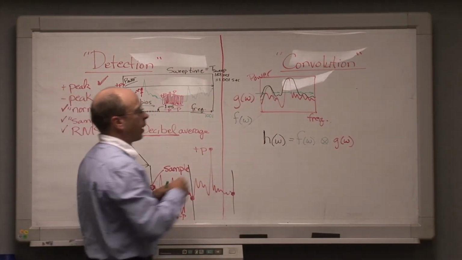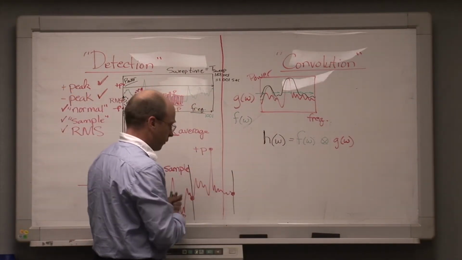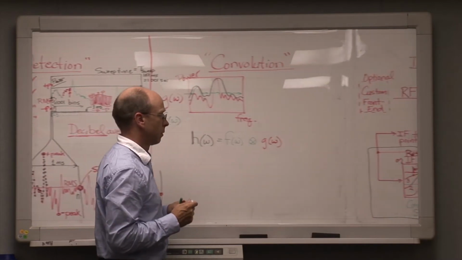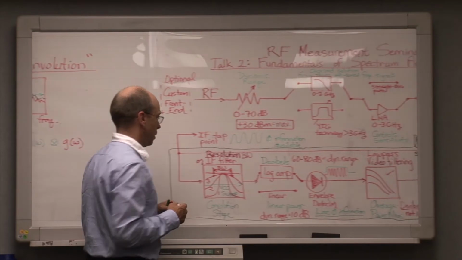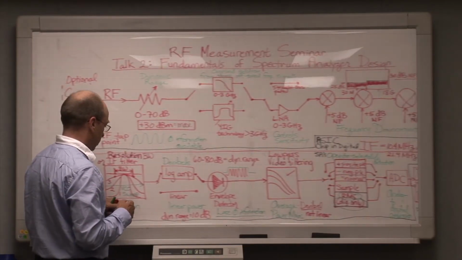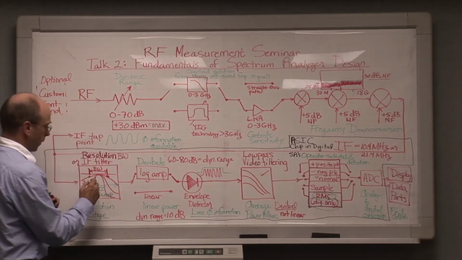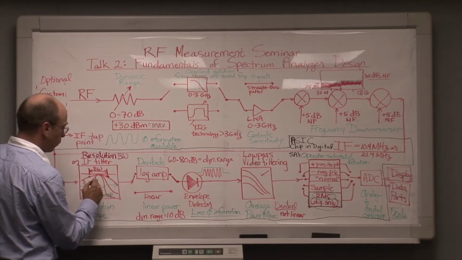Now, why do we have to do this? The reason fundamentally is that we have to use some filter shape here that has some finite width to it.